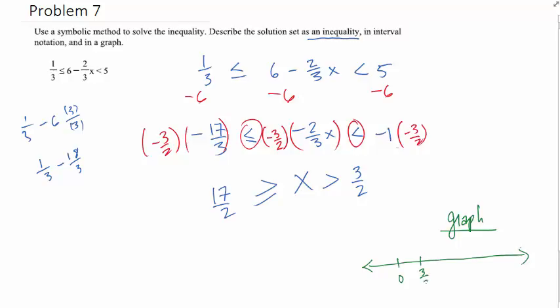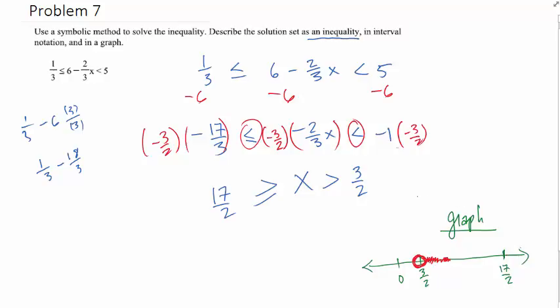Let's put 3/2 over here, and 17/2 is bigger than 3/2. So how would we shade this in? We have x is bigger than 3/2, strictly bigger, so that does not include the point. So I'll make this an open circle, and it's bigger than 3/2. And I'll keep going as far as I need to.